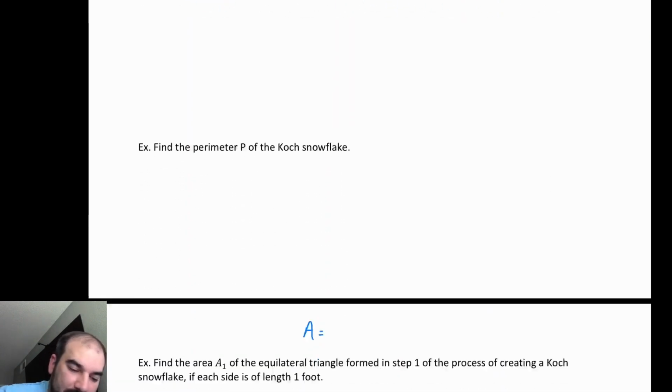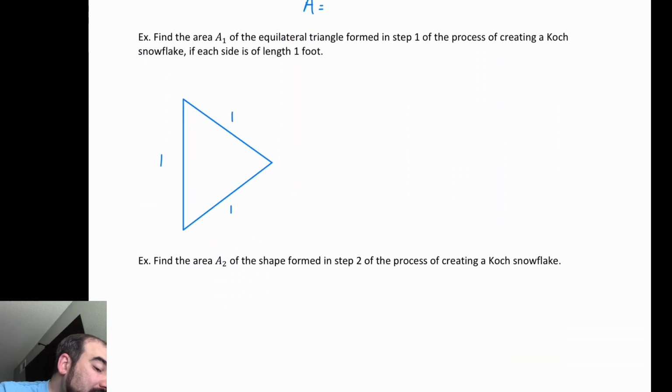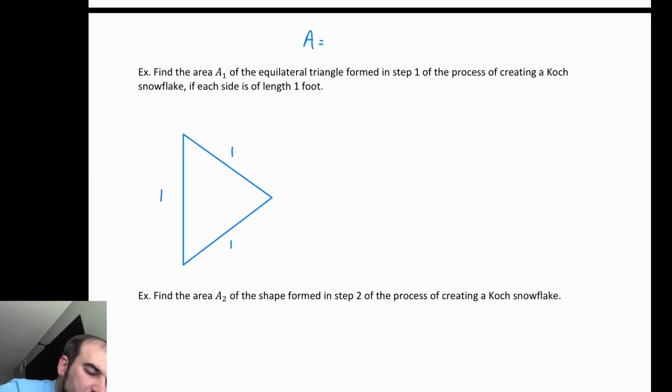So let's talk about the area of the first figure, the area of a triangle. How do we do area of a triangle?